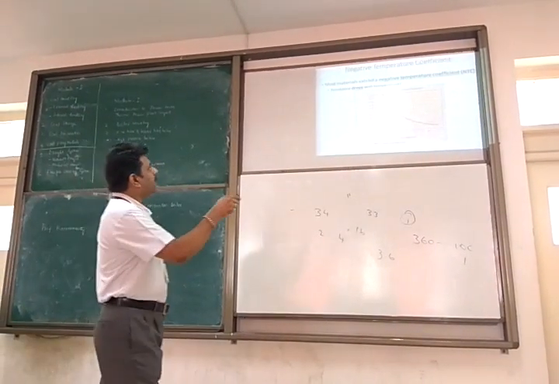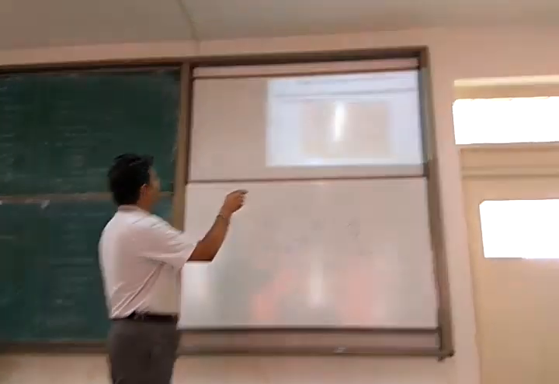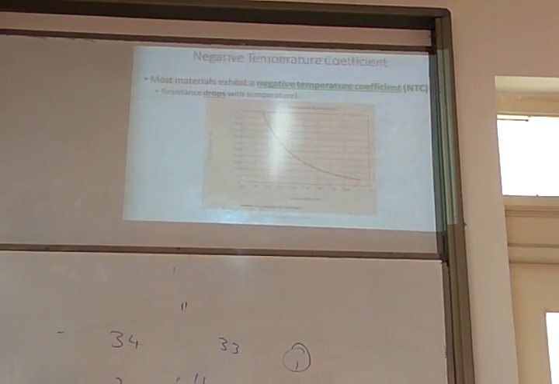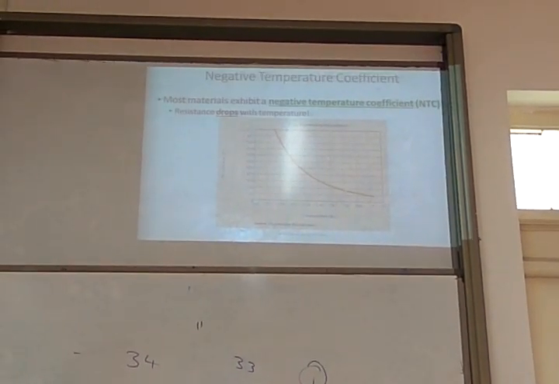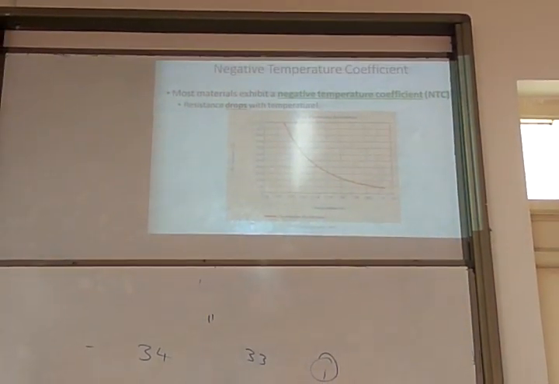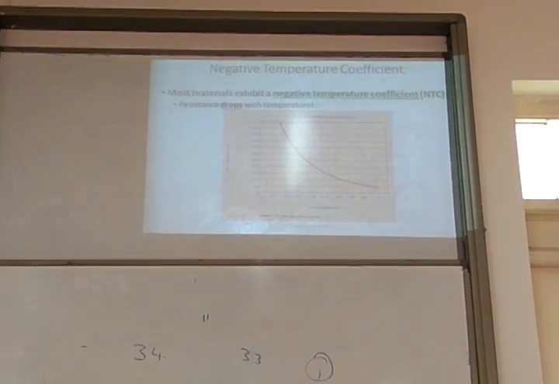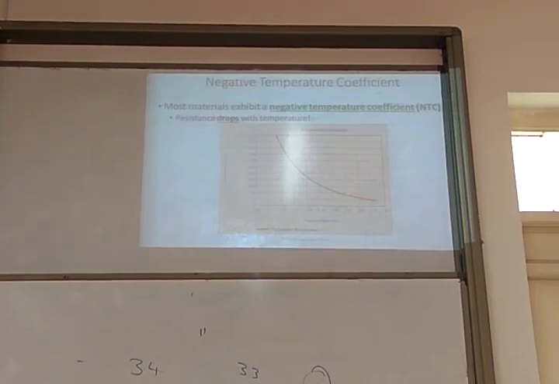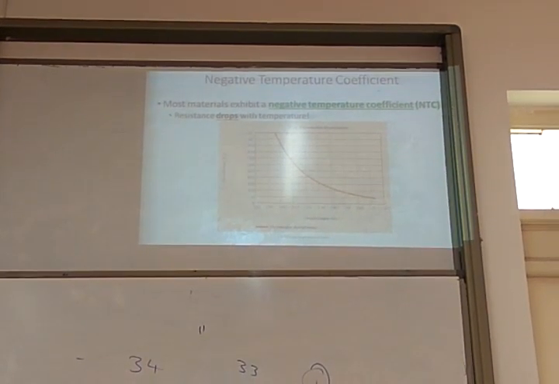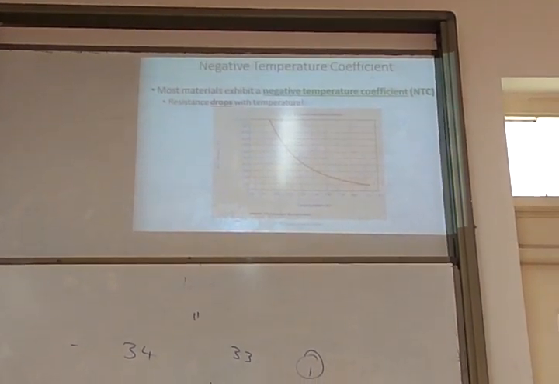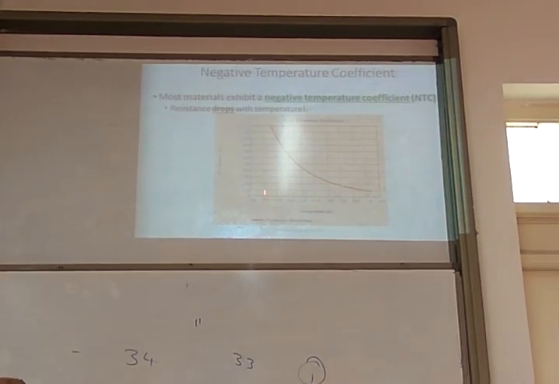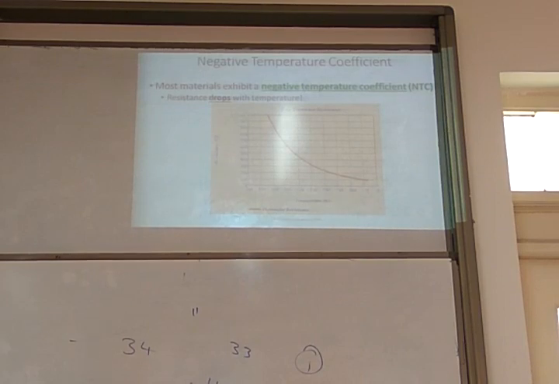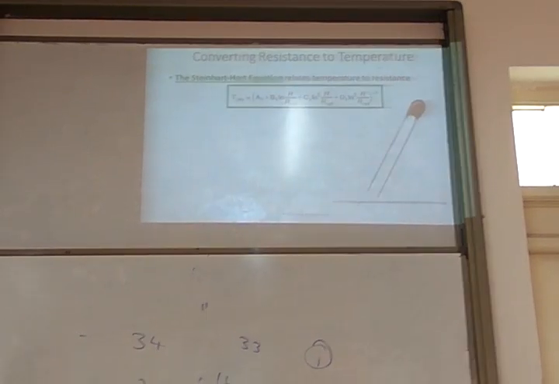Most thermistors are made of negative temperature coefficient material. What is meant by negative temperature coefficient? When temperature increases, the resistance decreases. That's negative. There are sensors with positive temperature coefficients, where as temperature increases, the resistance will increase. Whereas for thermistor, this is the case.